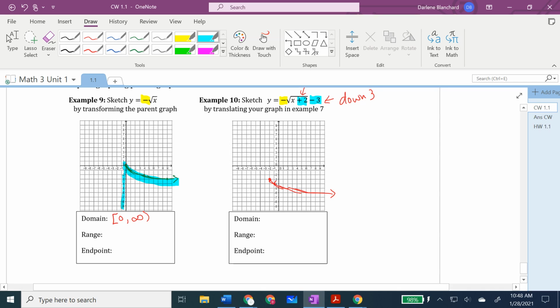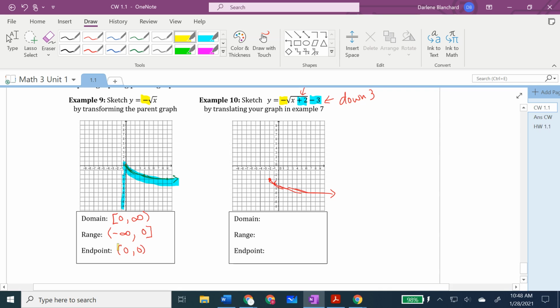Vertically, this graph now exists 0 and below. I have to write my interval notation in order of smallest to largest: negative infinity, through the negative numbers up to 0, and then it ends. The endpoint is 0, 0.